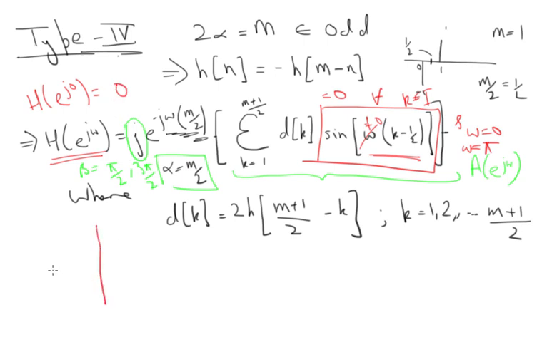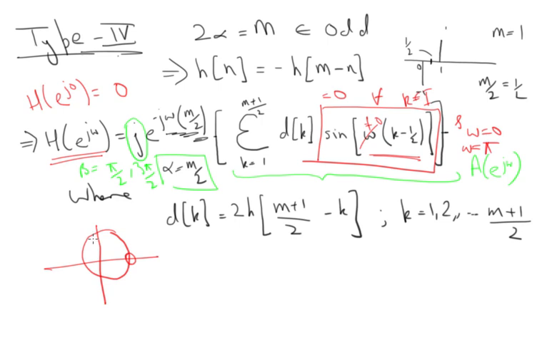It means in the pole-zero sketch of this type 4 system, there is a zero present at z is equal to 1. So in other words, you cannot use it as a low pass filter because you get a non-zero value at omega is equal to 0 for a low pass filter.